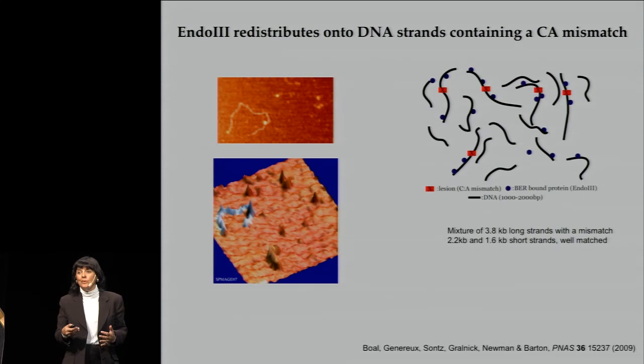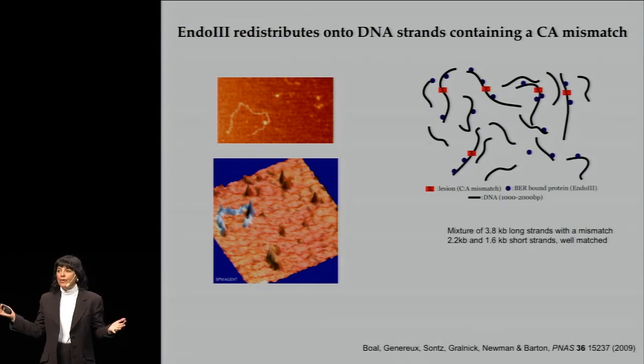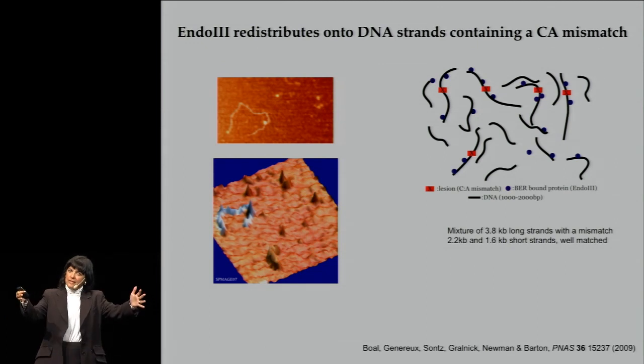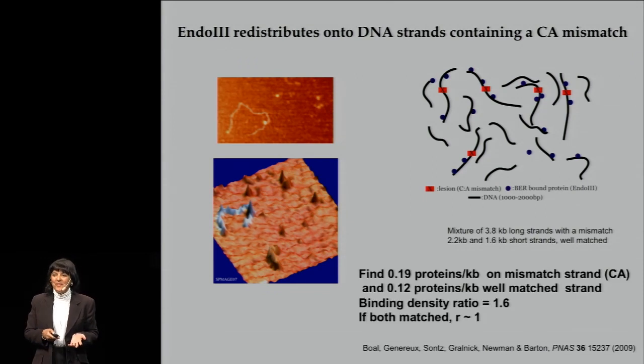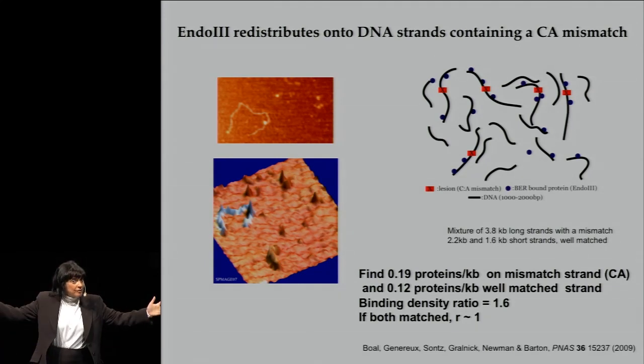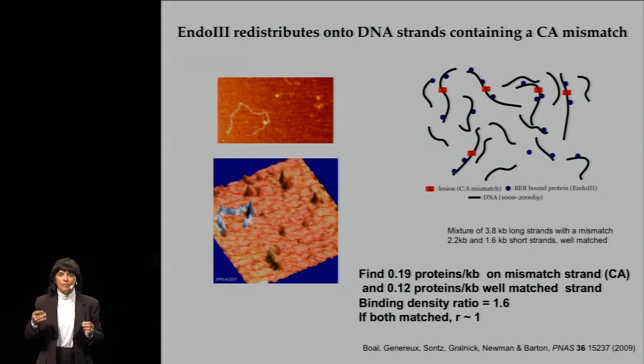And then you literally count how many proteins are on the strand that has the mismatch, which is a slightly different length than the strands that are well matched. And what she saw was, in fact, that there were more proteins on the mismatched strand. If both strands were matched, then there was an equal density on the two strands. The binding density ratio was 1.